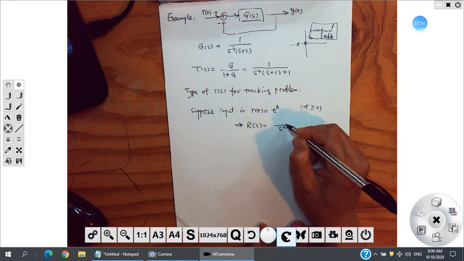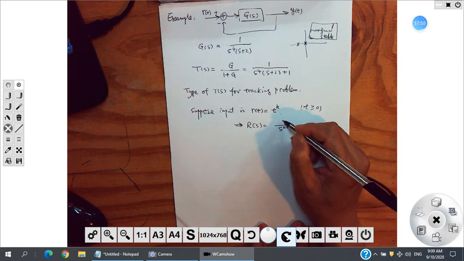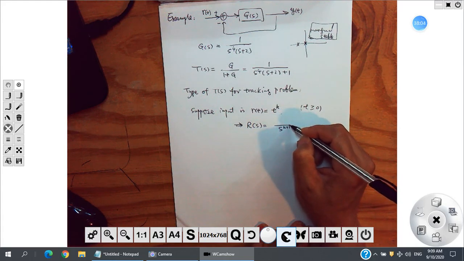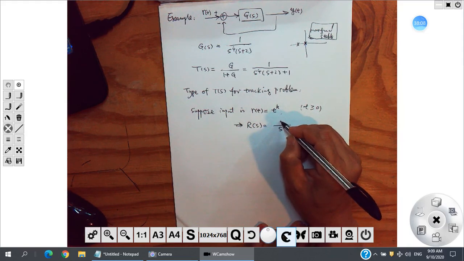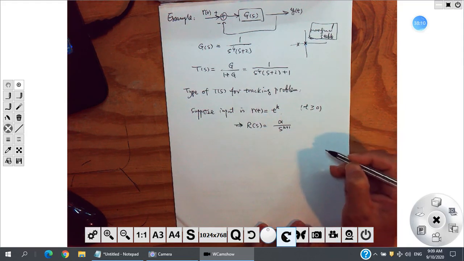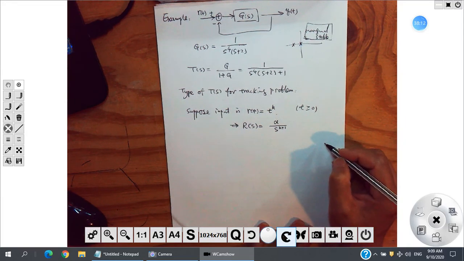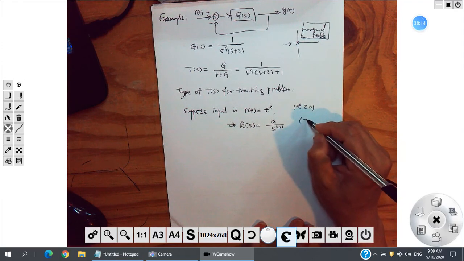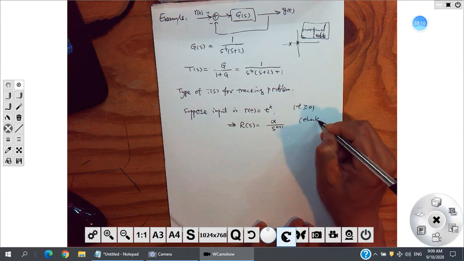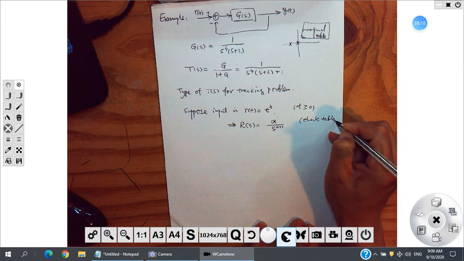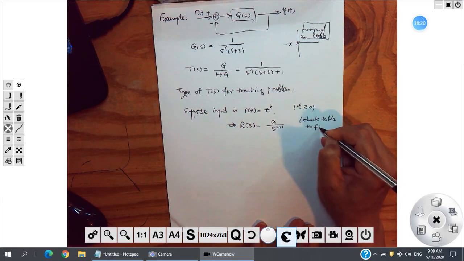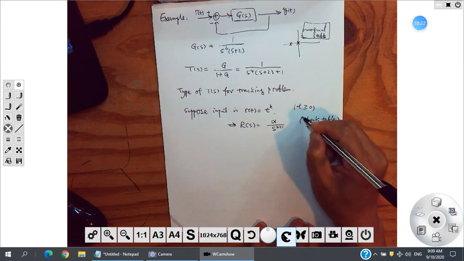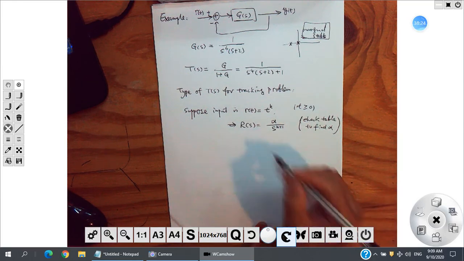Here I need a coefficient. What is that? That's k factorial, or factorial of k plus 1, I can't remember. You can check the table. I put some alpha here; alpha is a constant. Check the table to find alpha. So this is R(s).